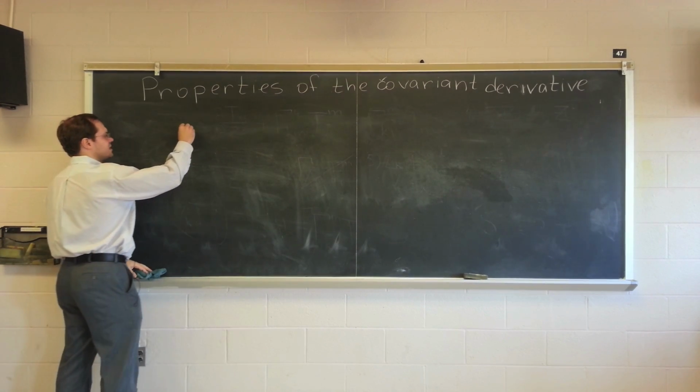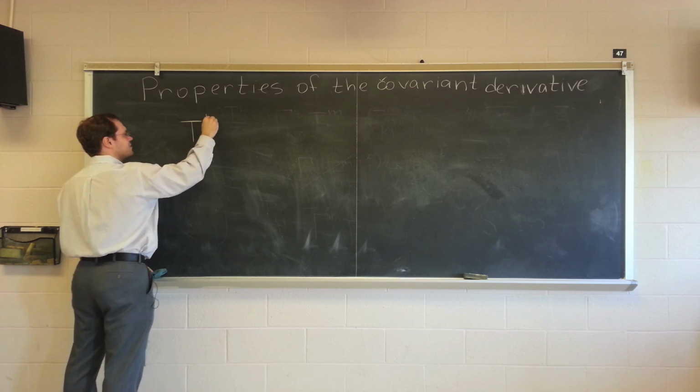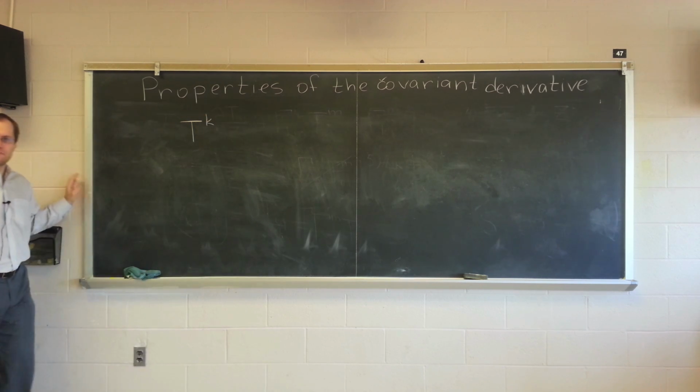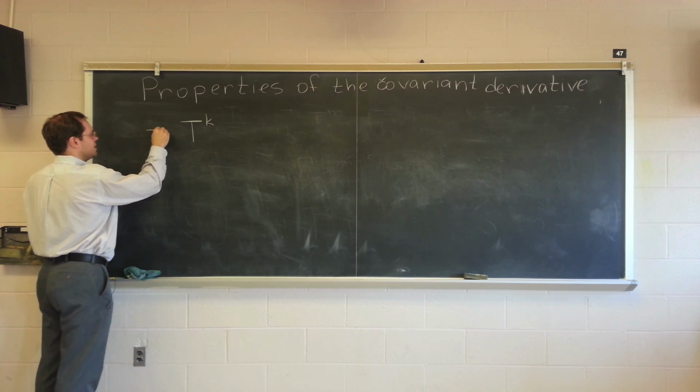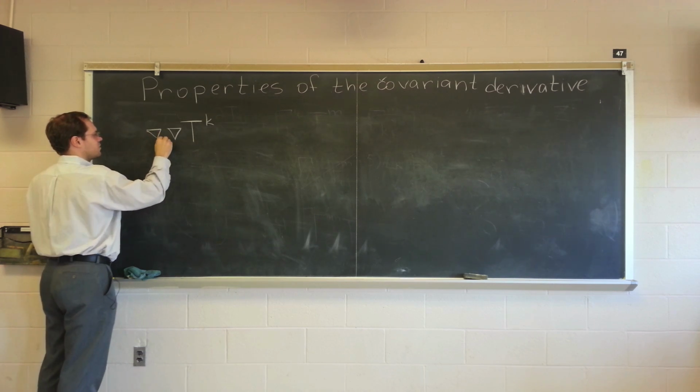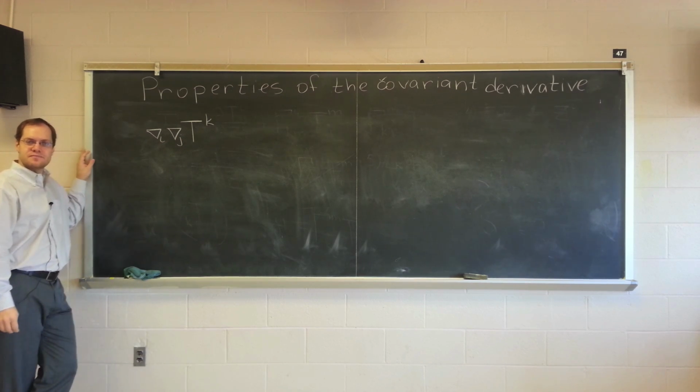If I have a tensor, so now actually I will refer to it as T^k. It doesn't have to be a tensor, maybe just a variant. And I apply to it two covariant derivatives in succession.